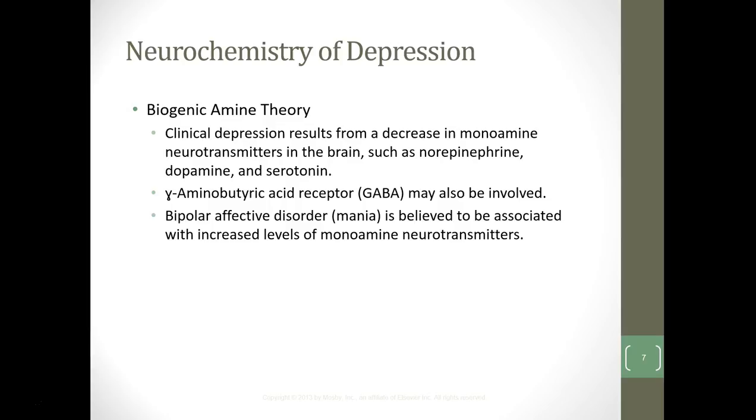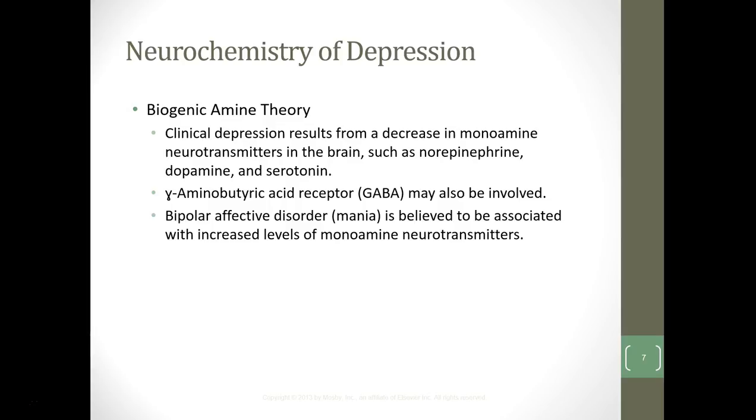So let's talk about the neurochemistry of depression. There's a biogenic amine theory, and what this is, clinical depression results from a decrease in stimulating hormones. Those are monoamine neurotransmitters in the brain, like dopamine, serotonin, and norepinephrine. GABA may also be involved.